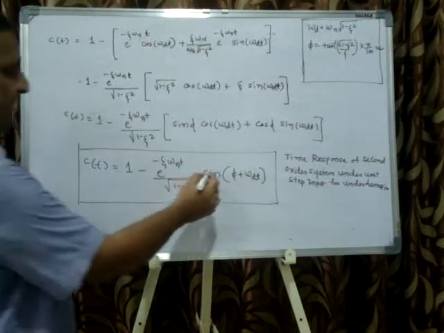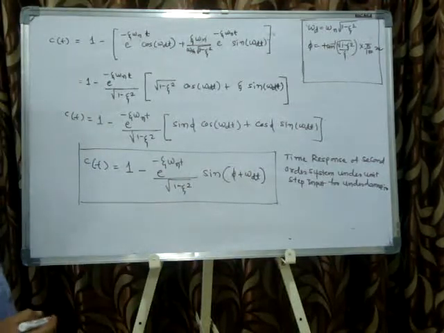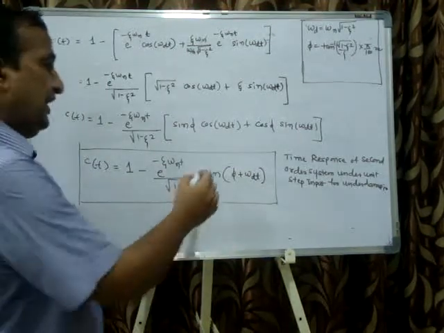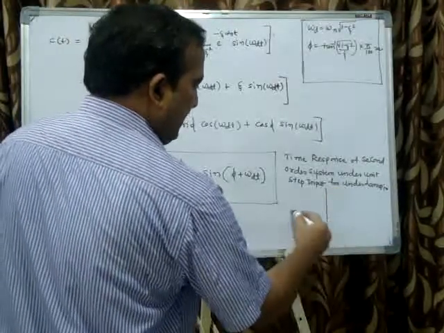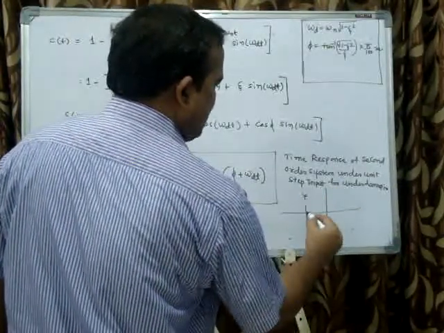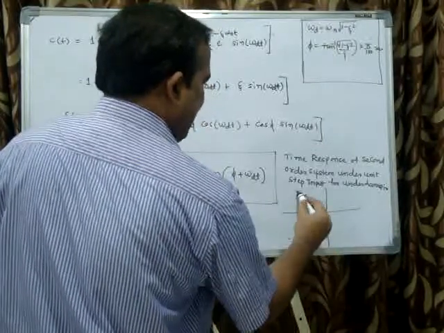Why did you get a sine? Because in the previous class we have seen that for under damping the poles are complex, S1 and S2.